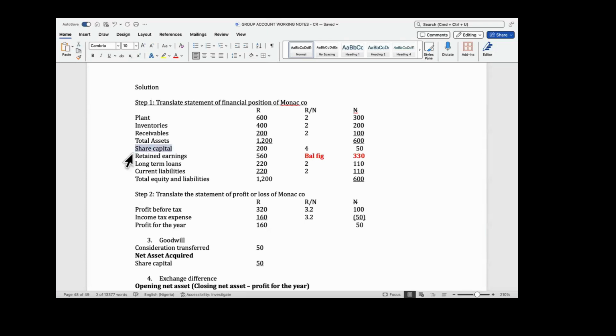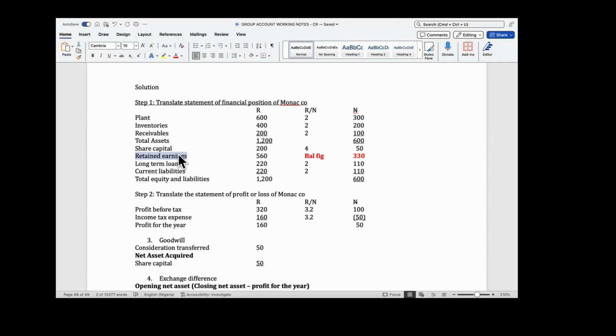So what changes every year is retained earnings. And what changes it every year is the fact that we are making profit every year. If we are not paying anything as dividend, then your retained earnings increases proportionately with the amount of that profit.